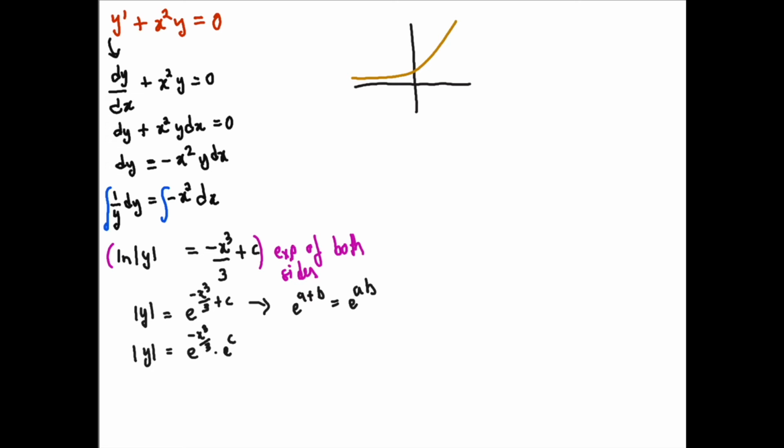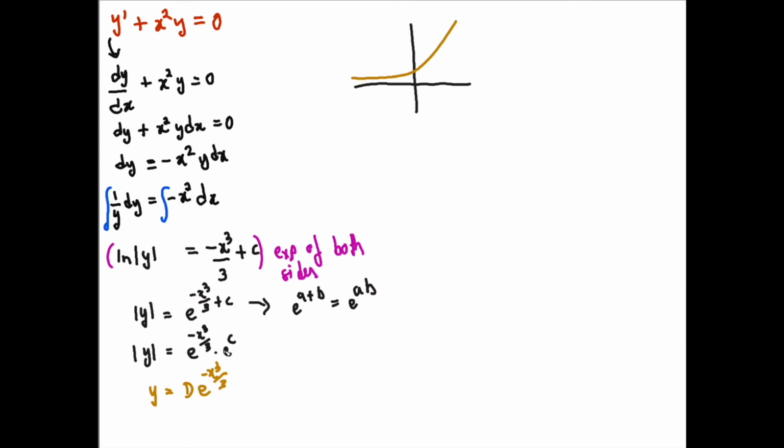So given that, how do we solve this so it's just y? What we need to show is that no matter what value y takes, it could be negative or positive, this function will always give the positive value of that y value. So we need some way to show that. What we can say is y equals d e to the minus x³ over 3.